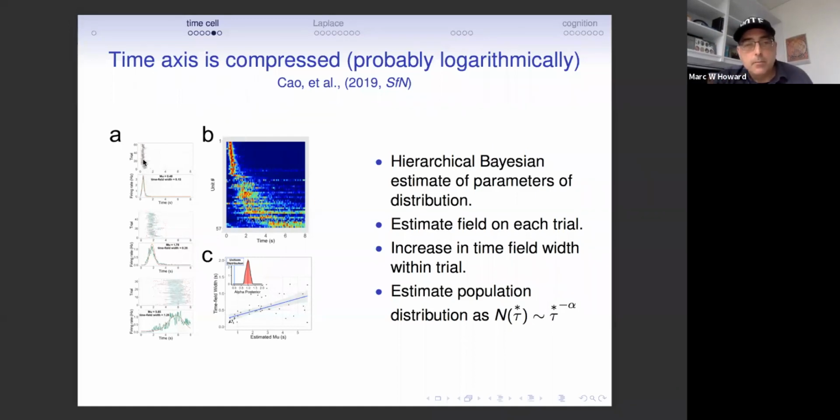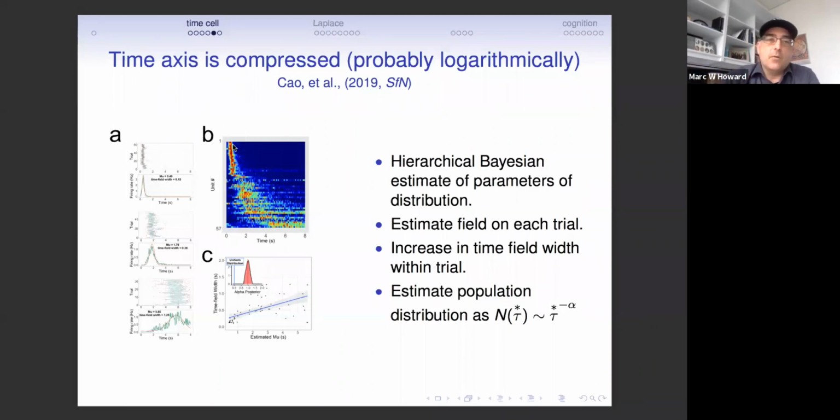And if there's logarithmic compression of this time axis, we would expect a linear relationship between that within trial receptive field width and the location across trials. And C here shows the width of the within trial receptive field as a function of its location. And to the extent you accept that's a straight line, you accept that there's logarithmic compression. She also estimated the number density of cells.